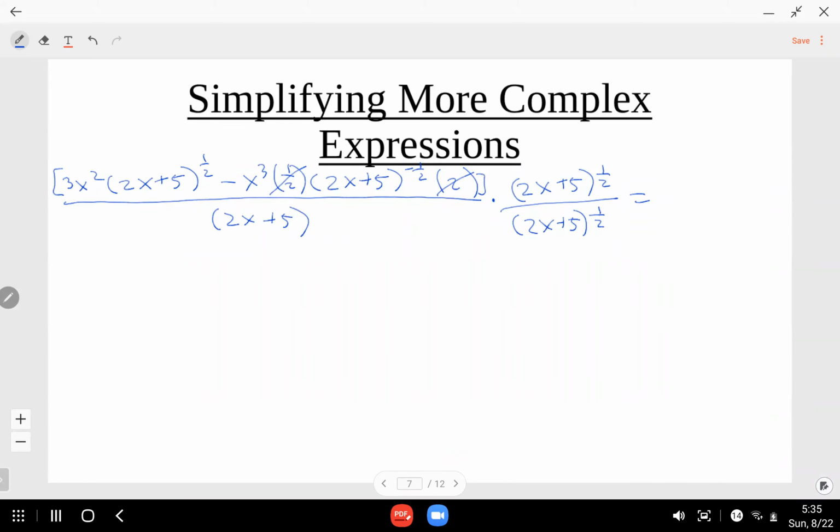All right? Distributive. So, you get 3x squared times 2x plus 5, just 2x plus 5, because 2x plus 5 to the 1/2 times 2x plus 5 to the 1/2, that's just to the first power. And minus this, right? And how do we get there? Because 2x plus 5 to the negative 1/2 times 2x plus 5 to the positive 1/2, that's just 2x plus 5 to the 0th power, which is 1.